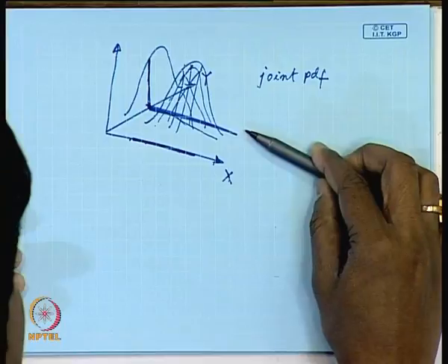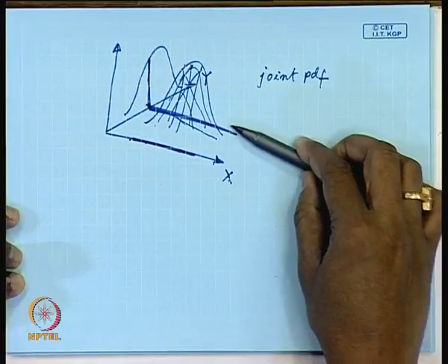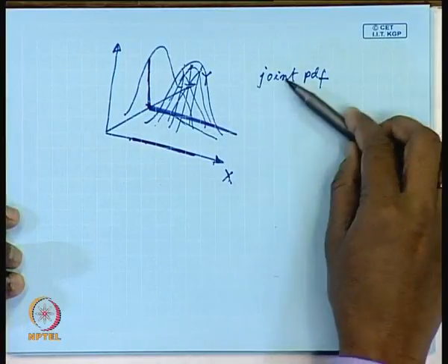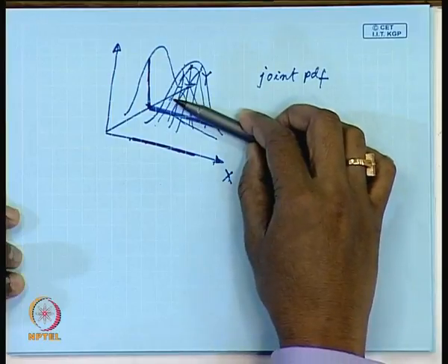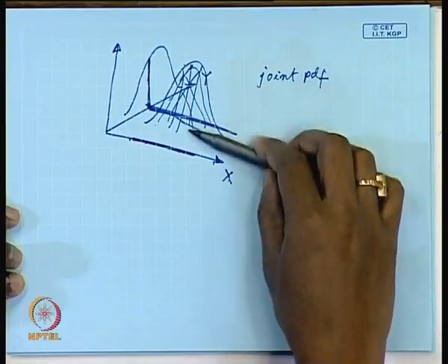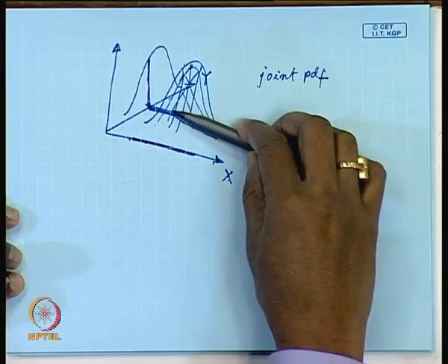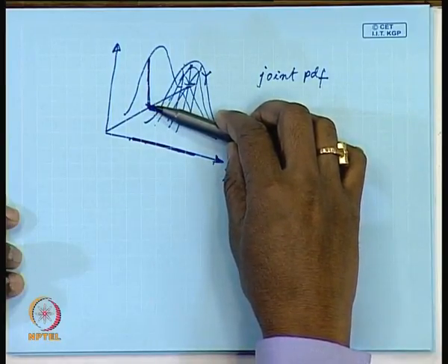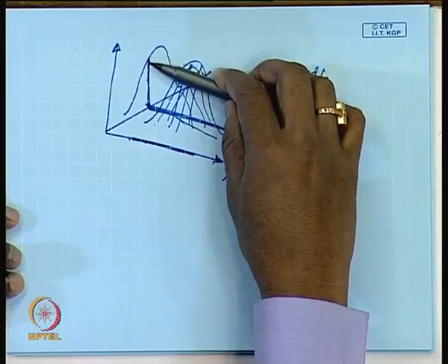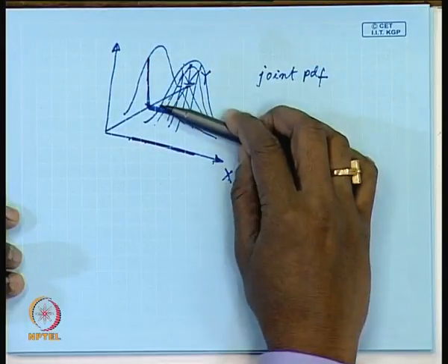The light is coming through this line, penetrating through this joint PDF surface. Whatever ordinates it gets, it goes on adding them, and at the end, in terms of its shadow, it produces one ordinate which is the summation of all the ordinates.